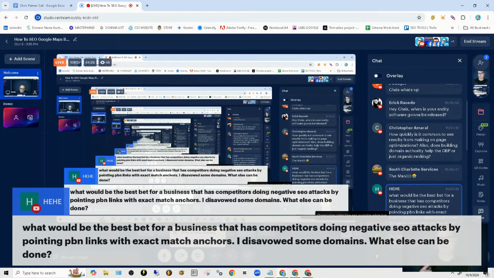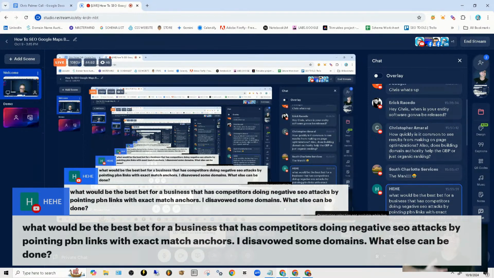Something I know about building authoritative backlinks, PBN links, stuff along these lines, is regardless oftentimes of what the anchor is, Google makes their decision based on a link. Whether you think or a tool thinks it's good or bad, Google makes a decision on whether it's going to pass PageRank.